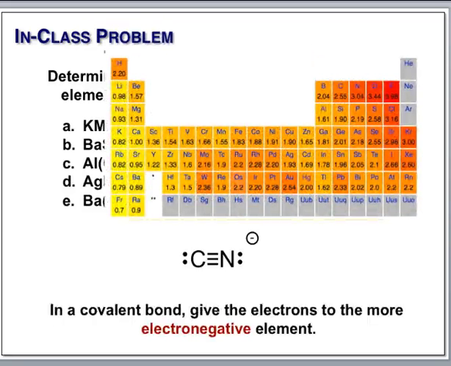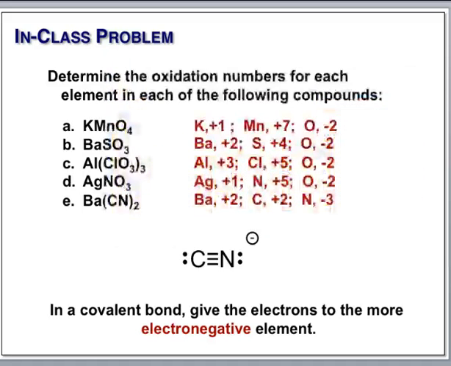Remember, we start down here with little numbers. We wind up here with big numbers. Nitrogen, I can't read it, looks like it's about 3 something. Carbon is 2.6 something. Nitrogen wins. That means that all of the electrons in this covalent bond belong to nitrogen. So it gets all of them.